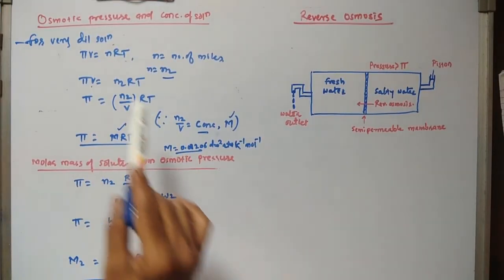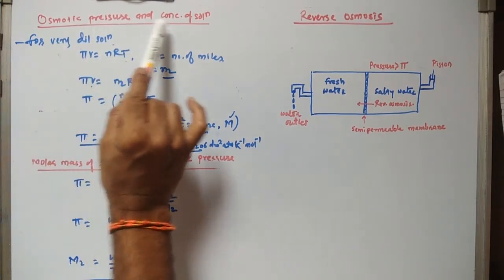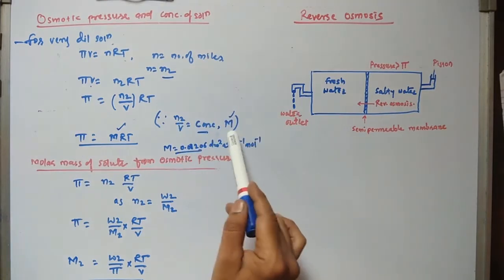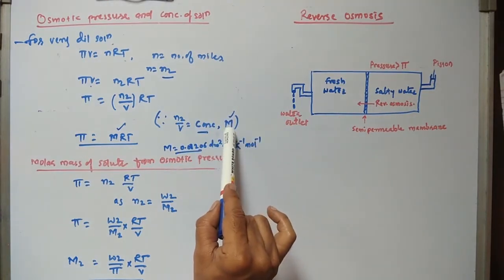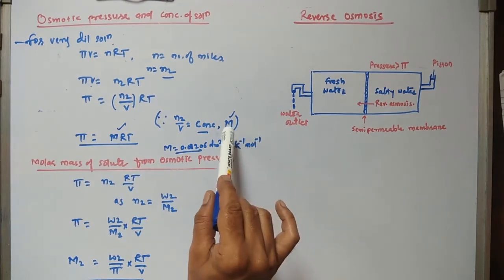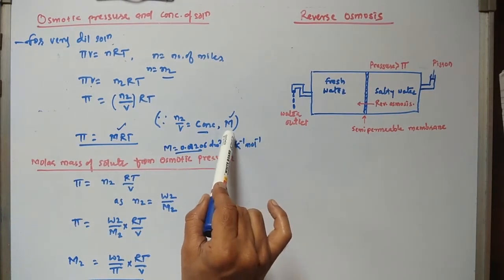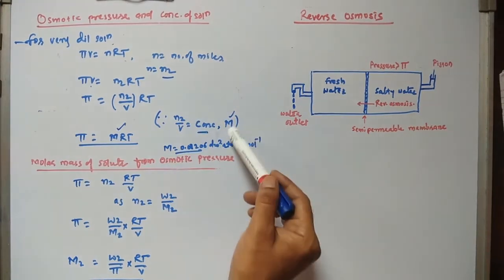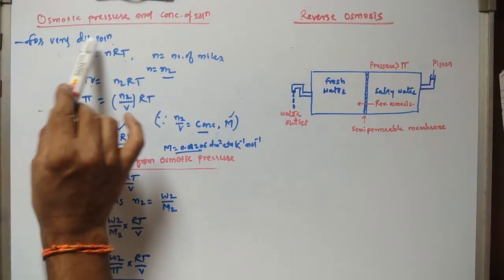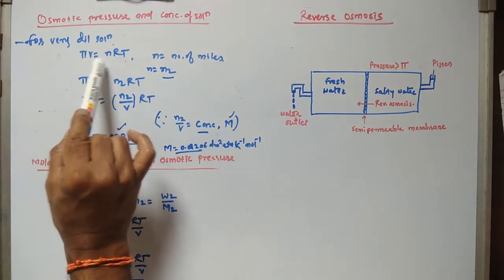let us study the next point: osmotic pressure and concentration of the solution. Here concentration is expressed in terms of molarity, not molality, because osmotic pressure is determined at a particular constant temperature. Now for very dilute solutions, pi V is equal to nRT.